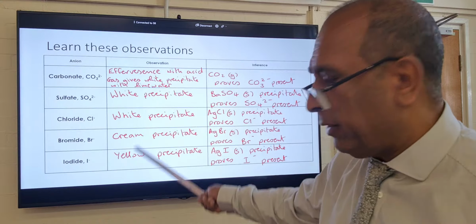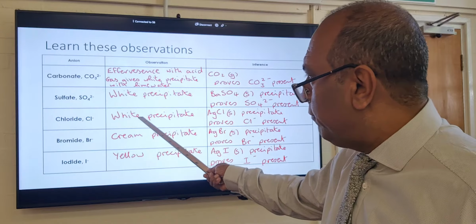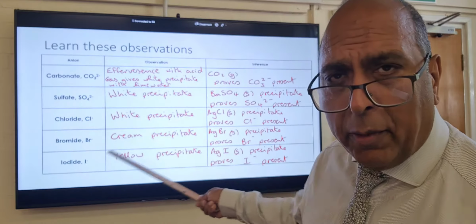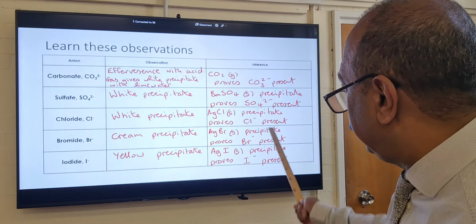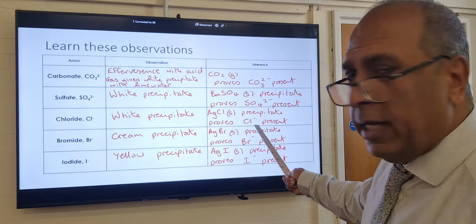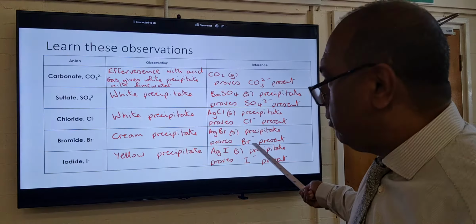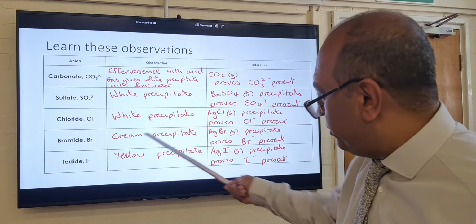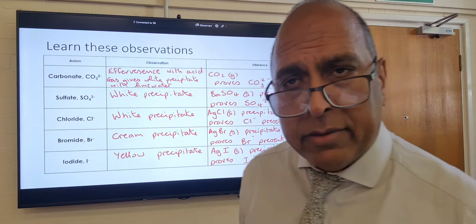Similarly, with these three, you do the same procedure, but then if you get a white precipitate, cream precipitate, yellow precipitate, it tells you you've got silver chloride, silver bromide, silver iodide. The silver chloride can only be obtained if chloride ions were present, or if bromide ions were present, you get the cream precipitate. If iodide ions were present, you get the yellow precipitate.